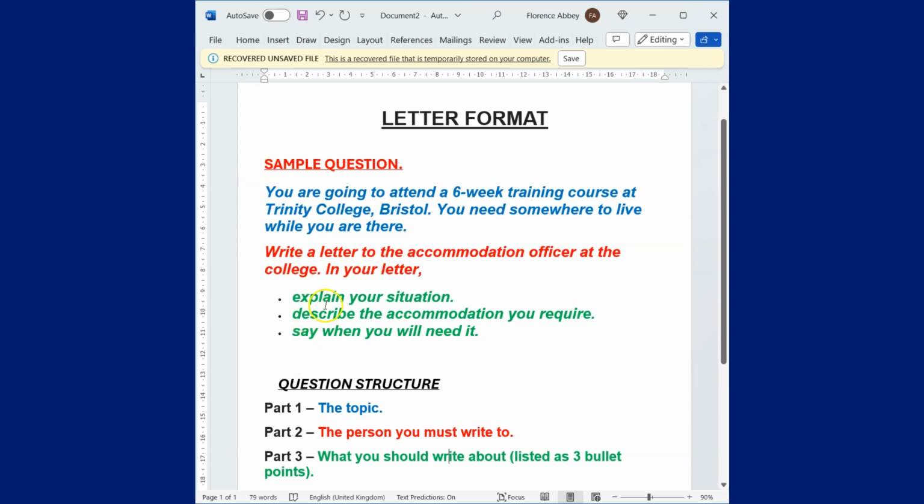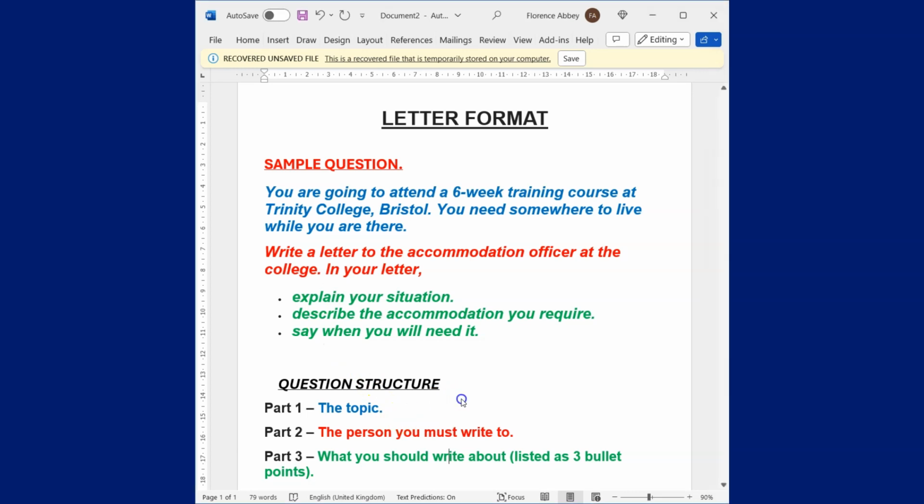So the letter format is the same for every type of letter that you get. The way they frame the question, the sample question, or the way they frame the question itself is the same for every type of question that you will get. You have the first part, which is the topic, telling you what the letter is about. The second part will always be the person you're going to write to, and the third part shows what you should write about.